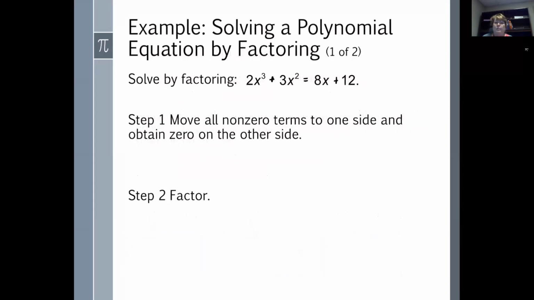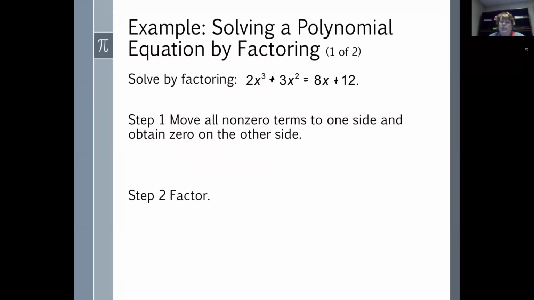All right, let's solve one. We're going to solve 2x to the third plus 3x squared equals 8x plus 12. So the first thing we must do to solve this polynomial equation is to get it in general form. That means to get everything on one side and 0 on the other.